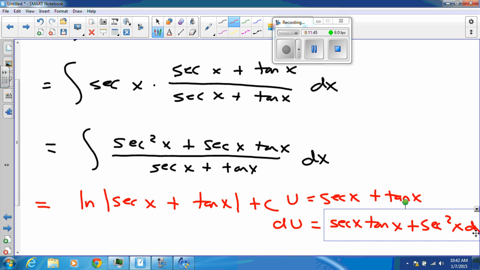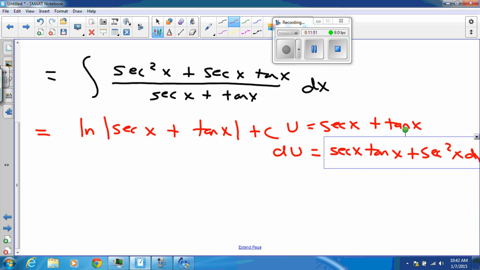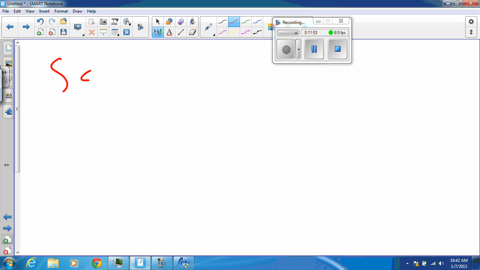Does this make sense, everybody? So far. Okay. The integral of cosecant is going to be very similar. Walk me through it. So multiply by 1. What kind of one? Cosecant plus cotangent.